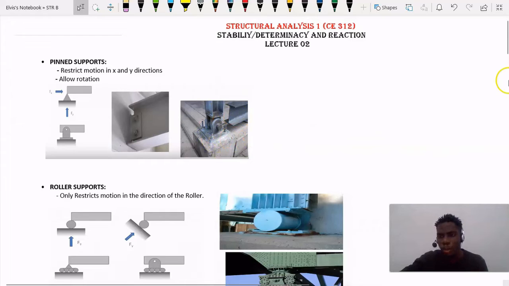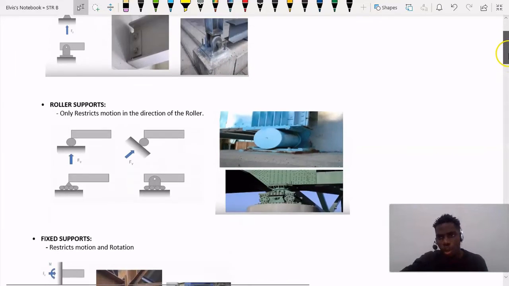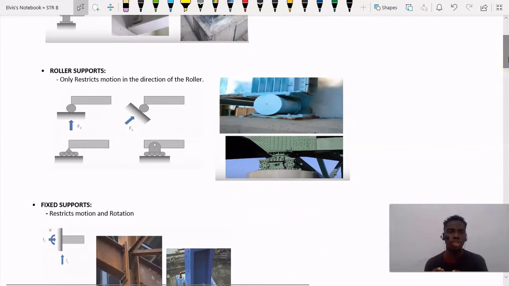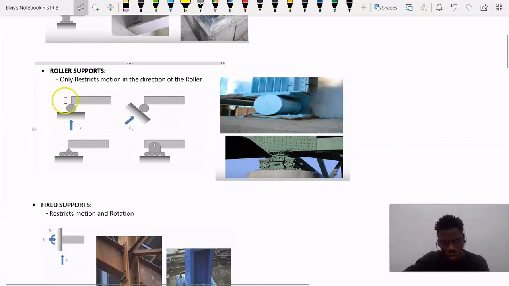Now guys, the next support we're going to take a look at is roller support. Roller supports only restrict motion in the direction of the roller, so they only restrict motion in the y-axis. This is the symbol of roller support, as you can see.